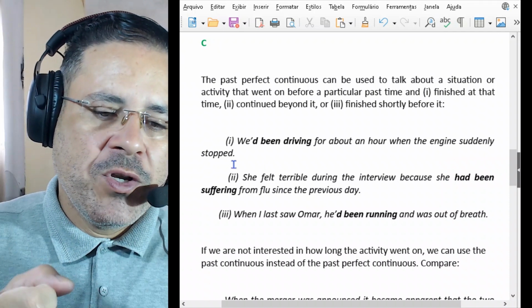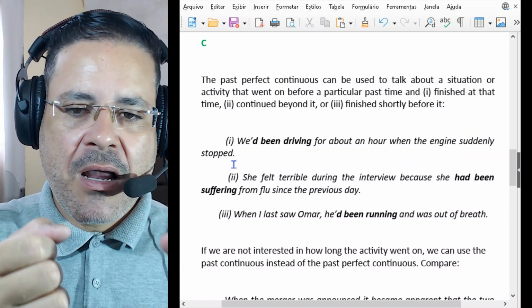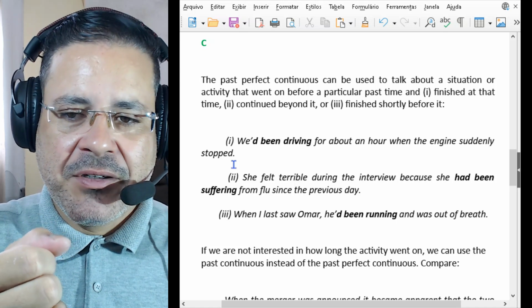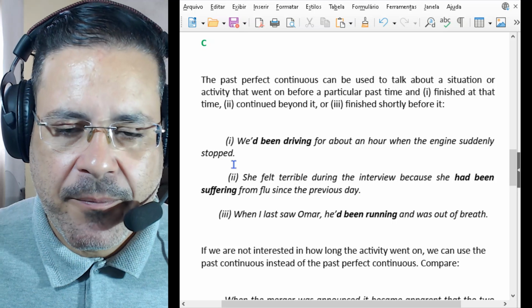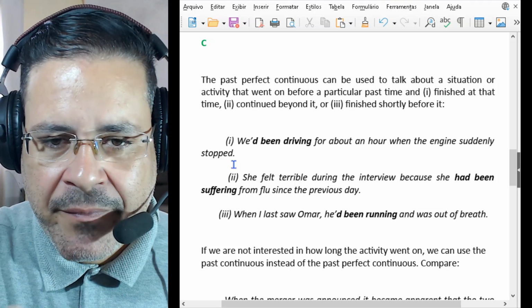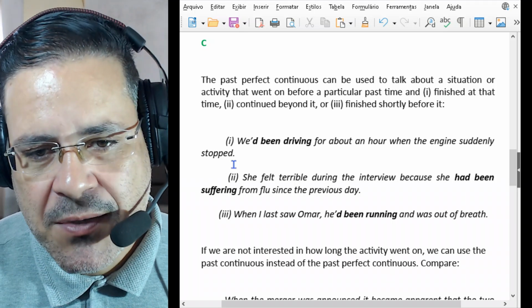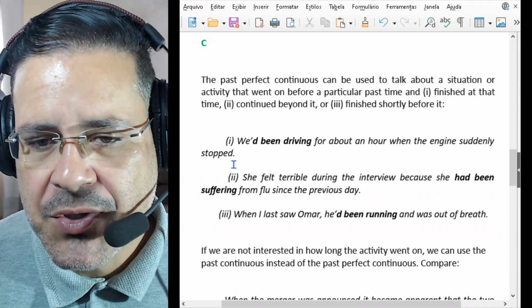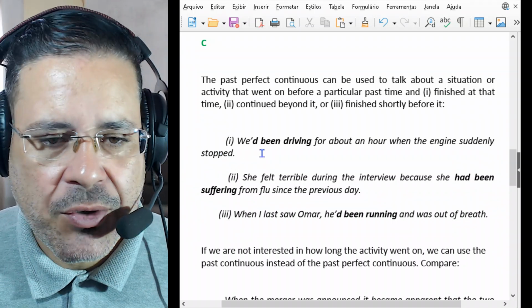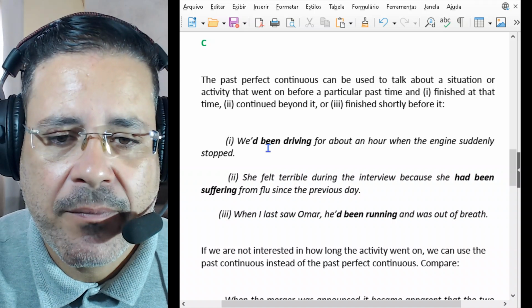So, we'd been driving for about an hour and the engine, bang, stopped and we stopped driving. So, the activity or event of driving was in progress until the moment that the engine stopped. At the same time, it stopped.